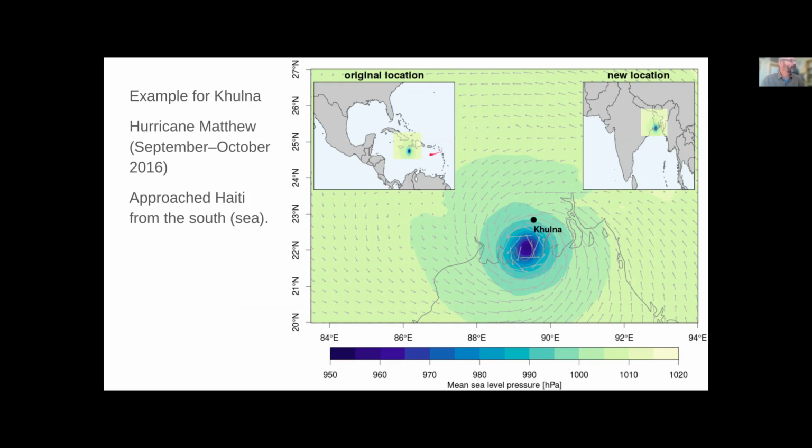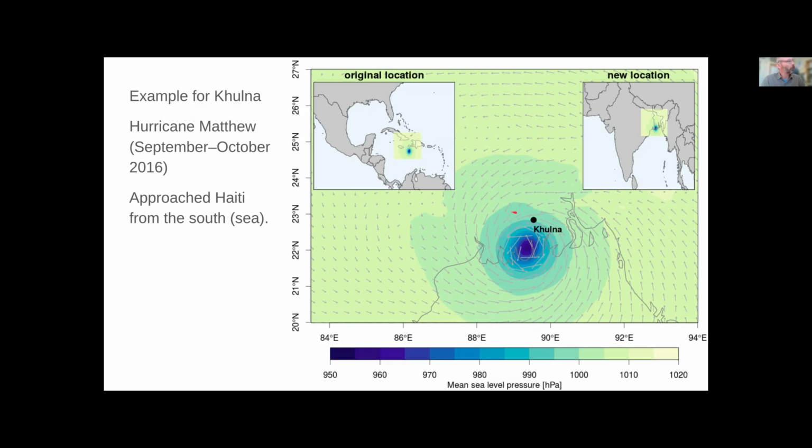Here we have the original Hurricane Matthew hitting Haiti, and here it was moved over to Bangladesh. So we changed the coordinates of this hurricane and also the times of it as well. And here you see a blown up description of the hurricane.